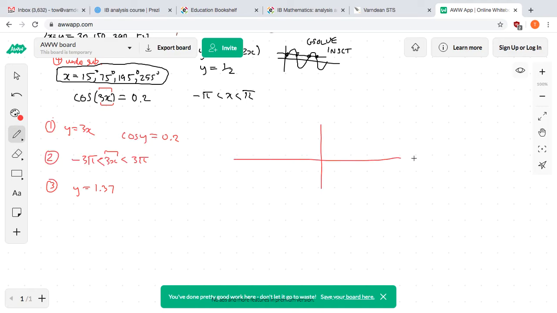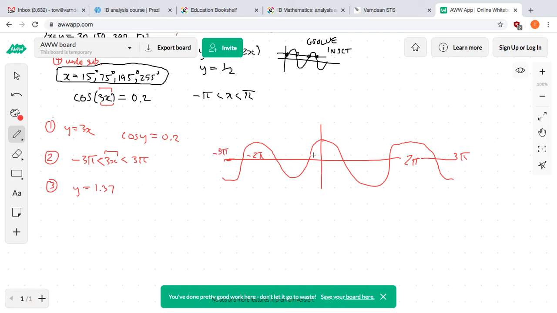Graph of cos normally looks like that. That's 2 pi. But we need to go into our new range, so we need to go all the way to 3 pi, which will be down here. And we need to go into the negatives as well. So that's minus 2 pi and that is minus 3 pi.